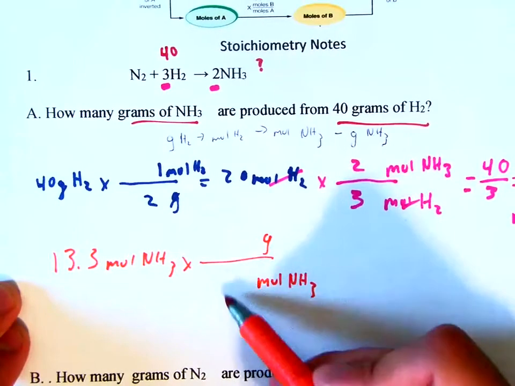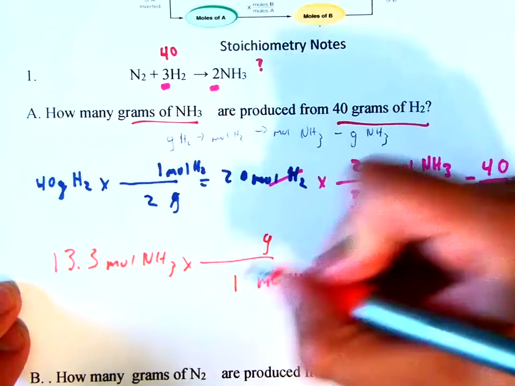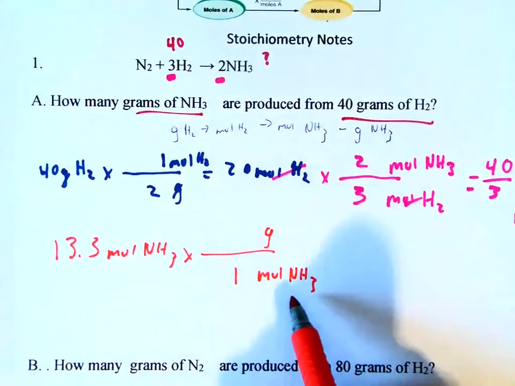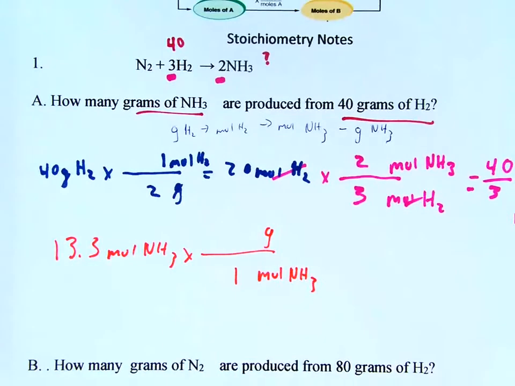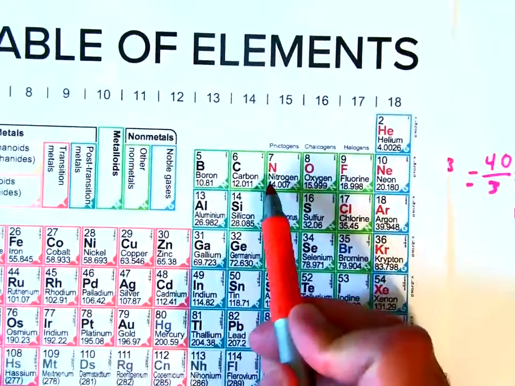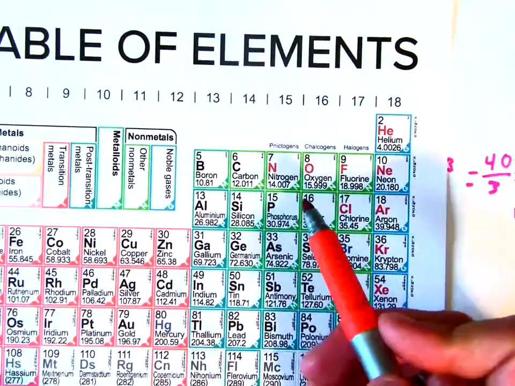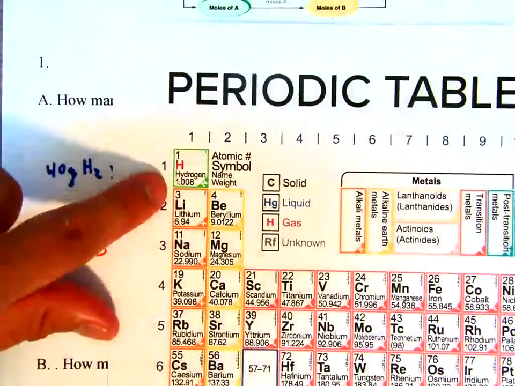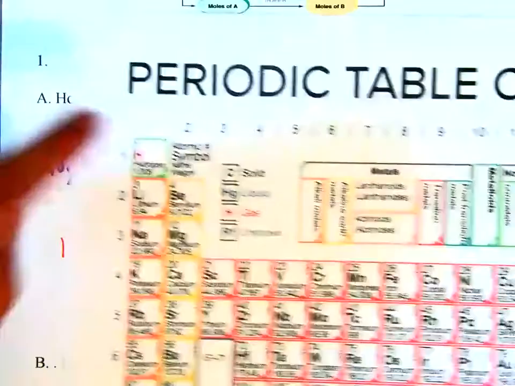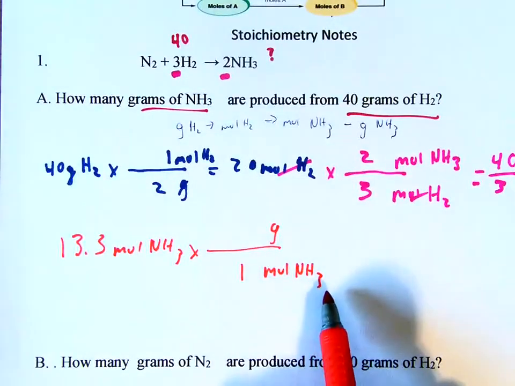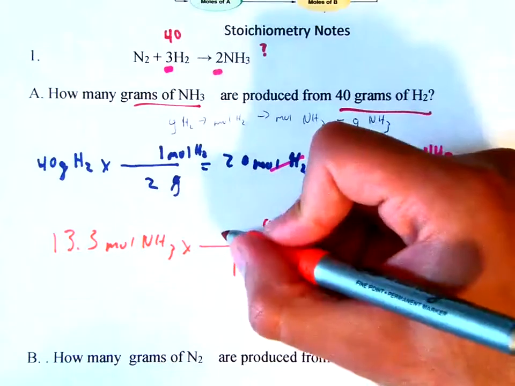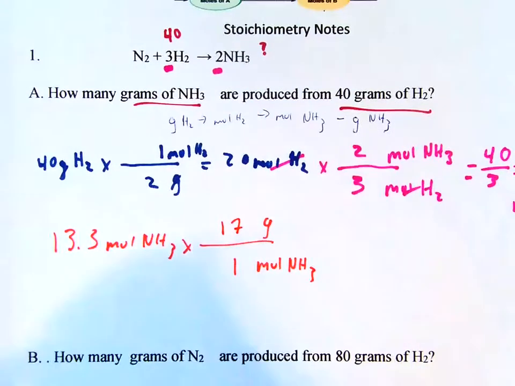We always use 1 mole. That's what the periodic table tells us, the mass of 1 mole. So I have 1 nitrogen, which is 14 grams, and I have 3 hydrogens, which are each 1. So 1 times 3 gives me 3 grams, plus 14 grams gives me 17 grams.